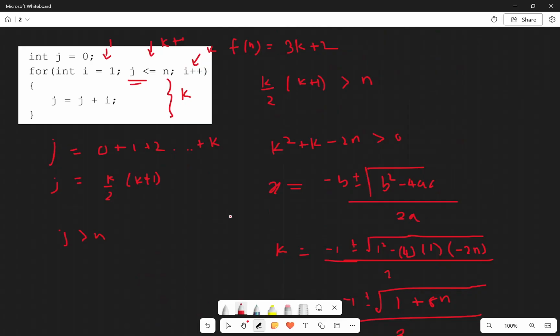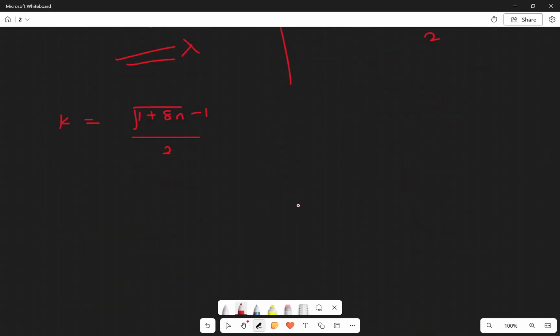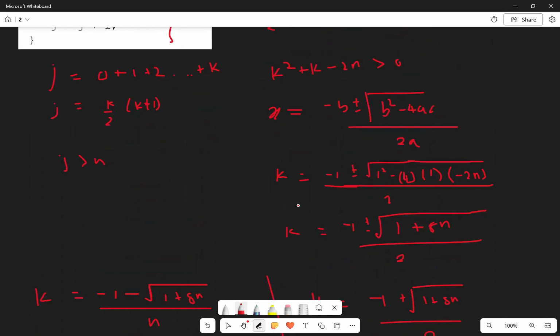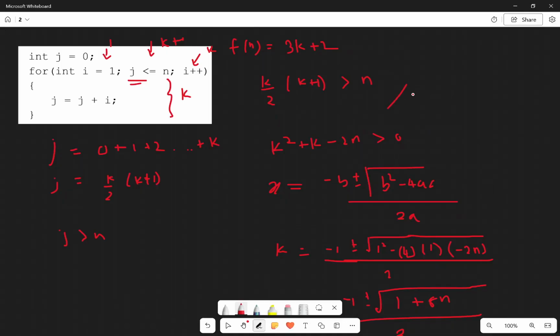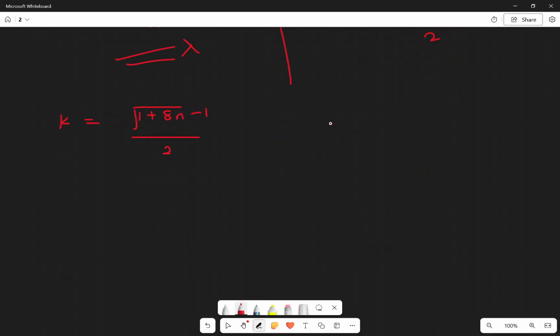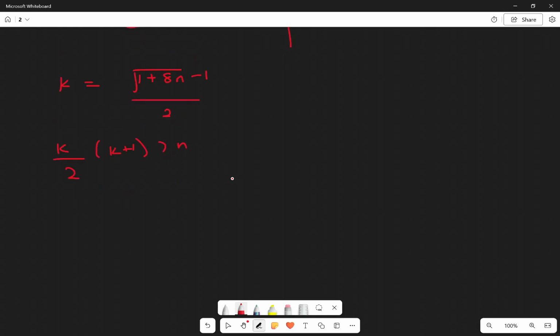Okay, so to satisfy this equation, the inequality was this. So if we write that down over here, k times (k plus 1) divided by 2 has to be greater than n.